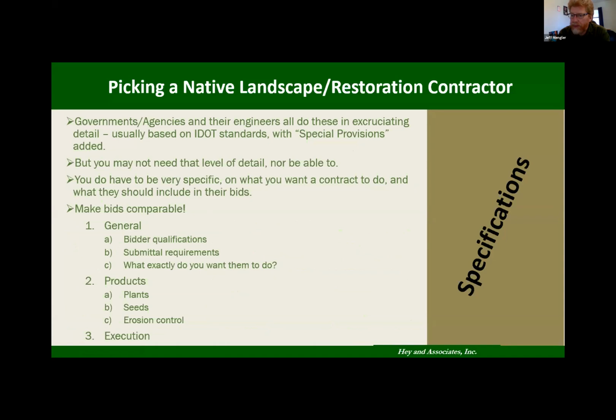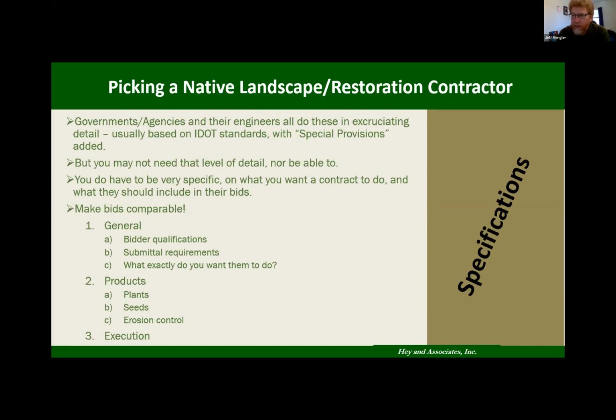The government agencies all use really detailed specifications that are usually based on IDOT standards written for road building, and then they're retrofitted with what we call special provisions. So you may not need that level of detail, but you do have to be very specific on what you want a contractor to do and what you want them to include in their bids. And the specifications are the way that you do that.